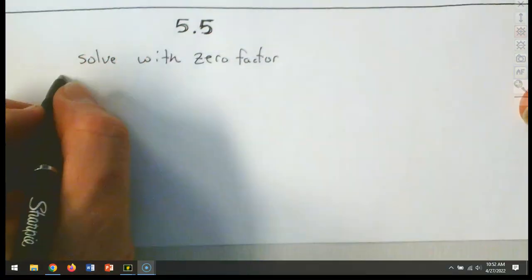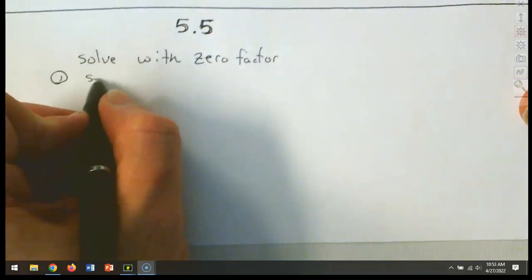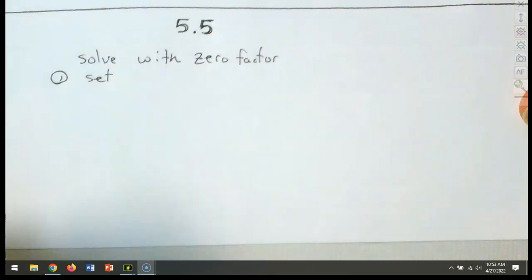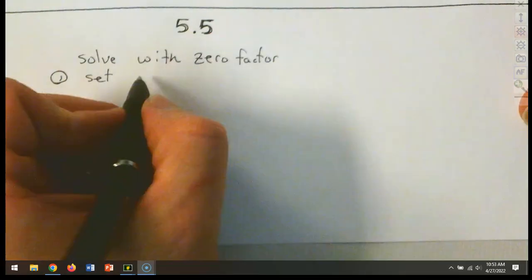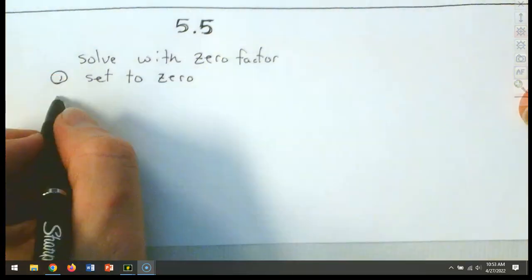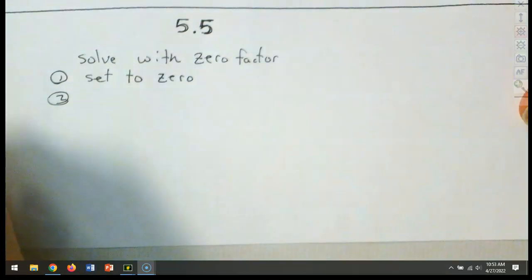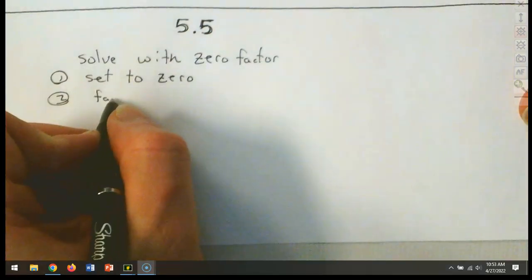And what we do with zero factor is step 1, we set it to 0. Because these are going to have equal signs, because these are going to be equations. And so we're going to set to 0. Step 2 is you factor, right? So we set it to 0, then we factor.